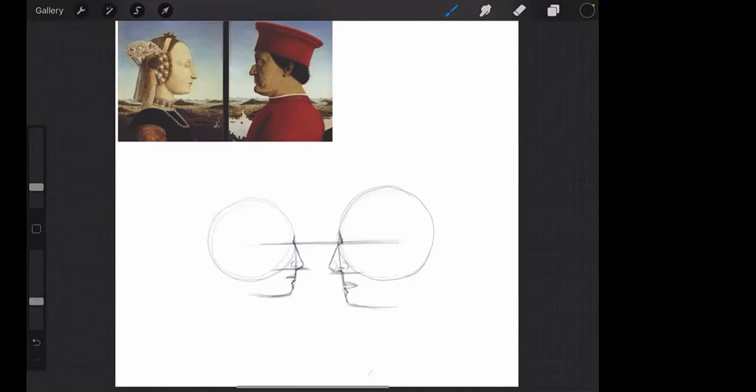And it pops outward. Chin. You can draw the structure. You can kind of see triangular shape like that. Okay.